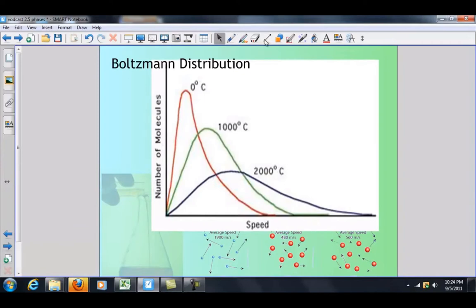Looking at the curve, if you're up here on this higher end, this is where the majority of the particles lie at 0 degrees Celsius. The particles are not moving that fast, and this is an average of the particles. As opposed to down here, where you can see that they definitely have sped up.